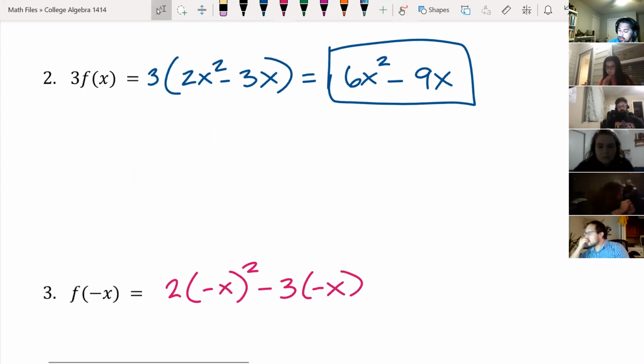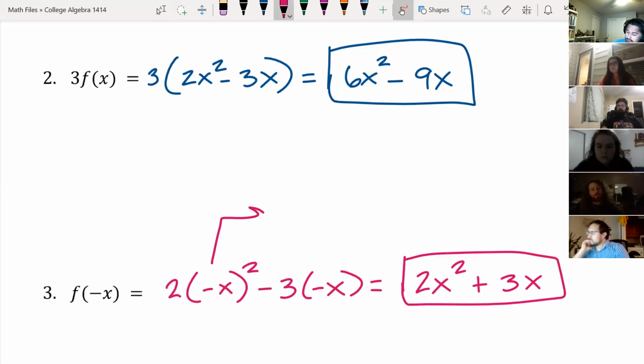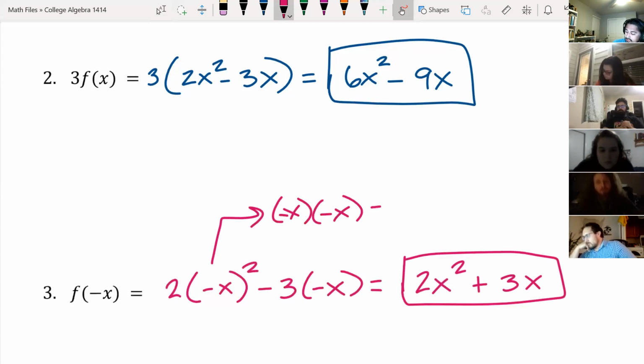Okay. And now our end result, so negative x squared means negative x times negative x, of course, becoming positive. So we'll get 2x squared plus 3x. So again, negative x squared is negative x times negative x, which gives us the positive x squared.